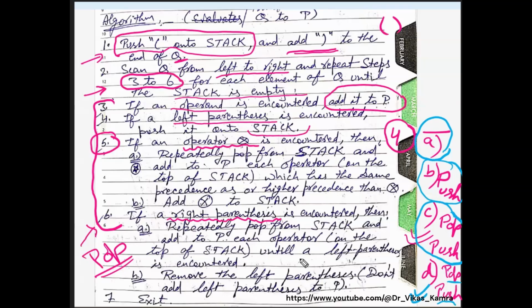Once the left bracket comes, it will neutralize the incoming right bracket, so both are discarded. Then again, you need to repeat steps 3, 4, 5, 6 until your stack is empty. Once the stack is empty, you exit the algorithm and your postfix expression is converted.